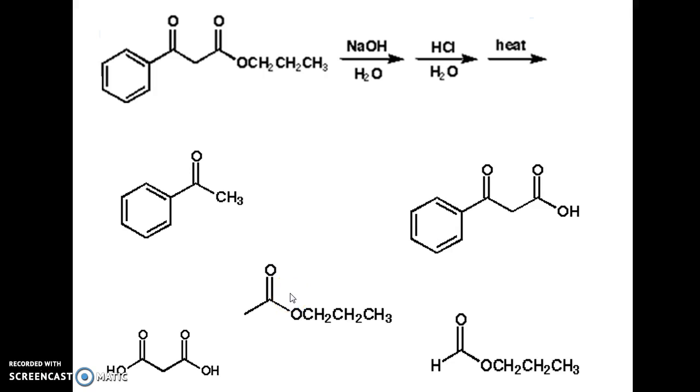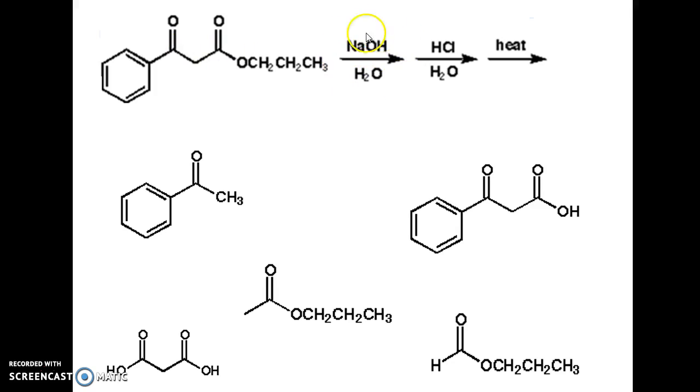So what is the product of this series of reactions? Well, let's look at the reagents and the products. We have a dicarbonyl. Actually, this would be called a beta-keto ester. What are we doing?